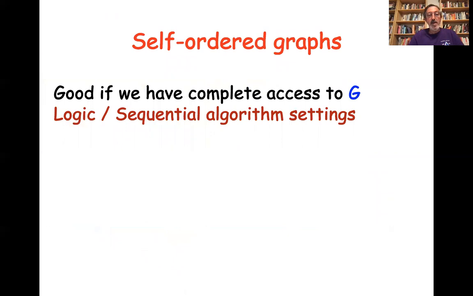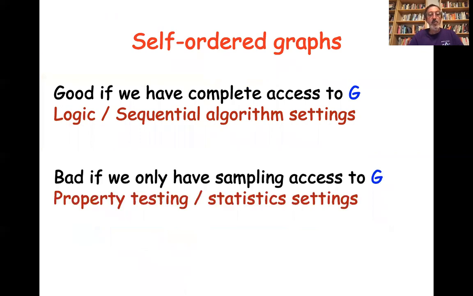Now, these graphs were applicable in logic and the sequential algorithm setting where we have complete access to the graph G and we can find this unique naming of the vertices. But we want to look at the setting where you have only sampling access to the graph, like in property testing or statistical applications. And then it's not good enough. What you need is a robust version of this notion.